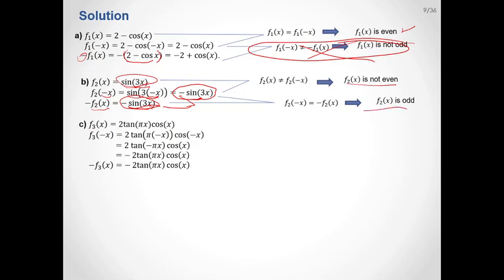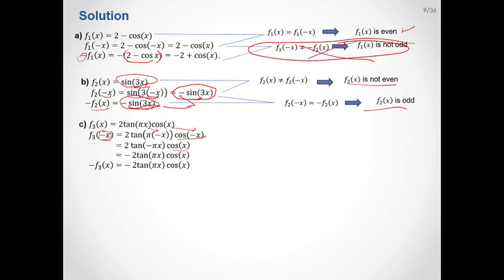And let's look at these two functions here. This is the product of two functions. The f of minus x, let's write it, and let's replace x with minus x. Cosine is an even function, so you can remove this negative.